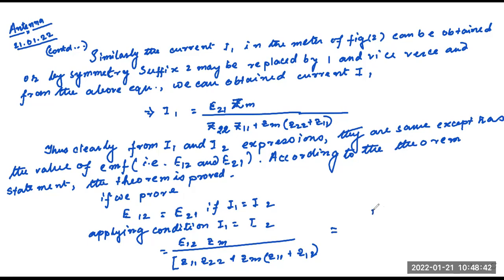That is equal to E of 2 1 into Zm by Z of 1 1 into Z of 2 2 plus Zm into Z of 1 1 plus Z of 2 2.